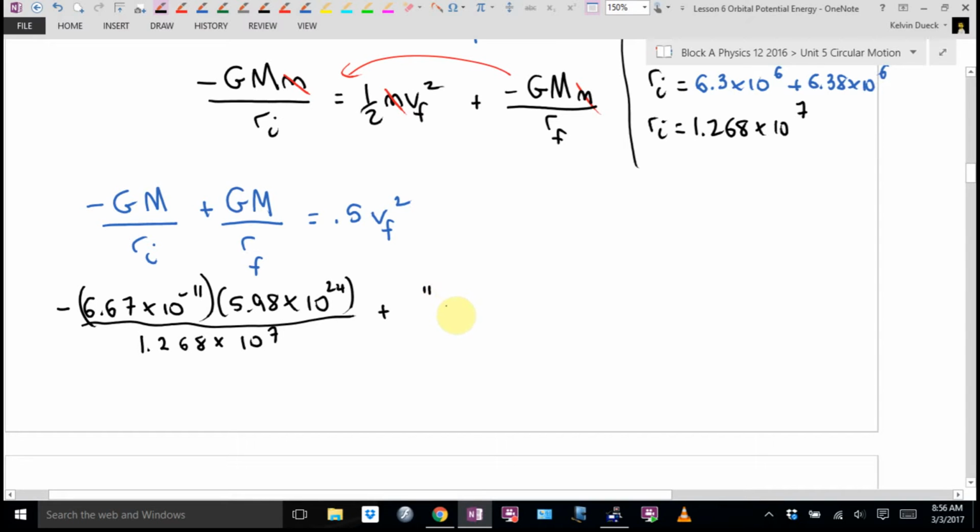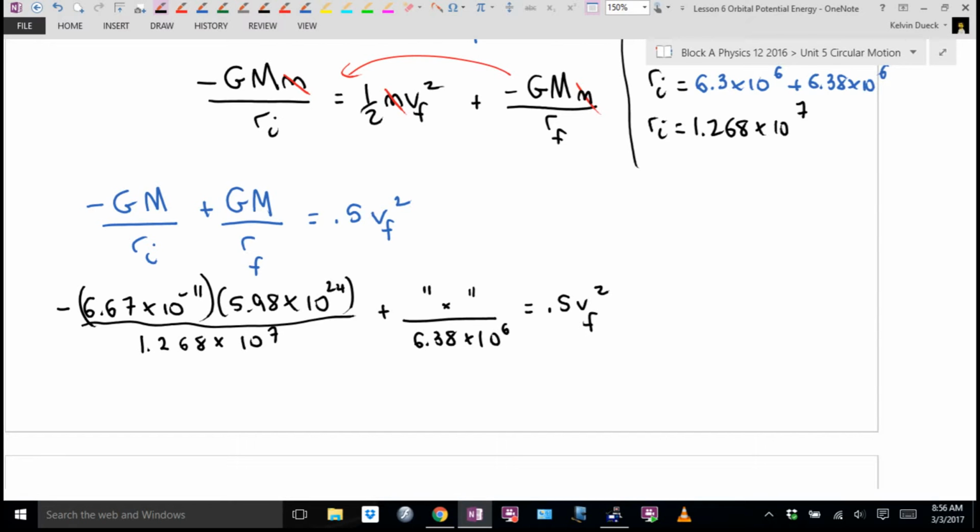Ditto mark times ditto mark. I'll let you do that in your work, because I think that'll cut down on your mistakes. We're writing such complicated expressions, I always see typos, or the equivalent of handwriting typos, show up in kids' work. Ditto marks you're not going to butcher. Divided by 6.38 times 10 to the 6th equals 0.5 V final squared. And now I'd like all of you to get your calculators out, but hold on.